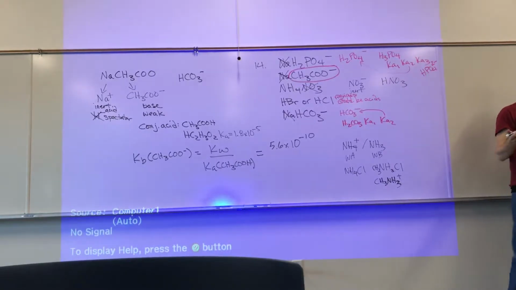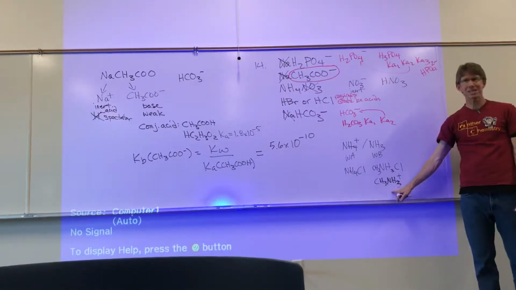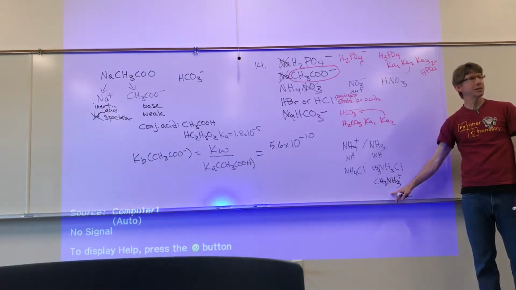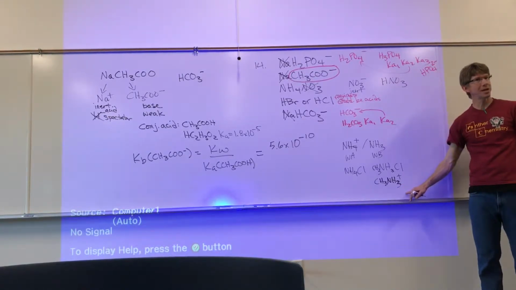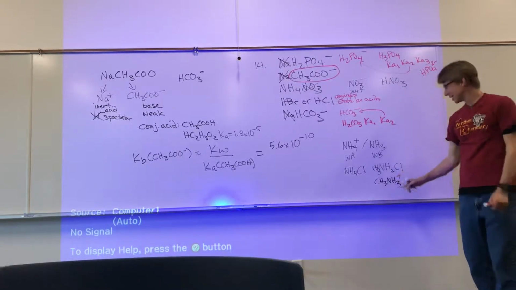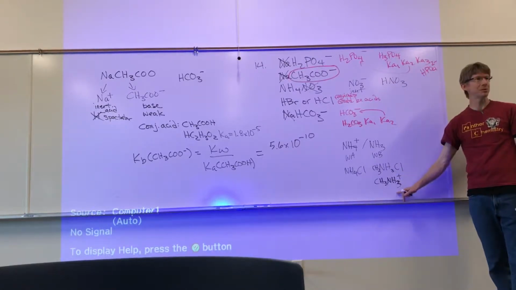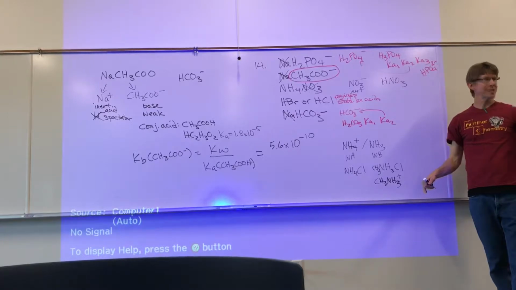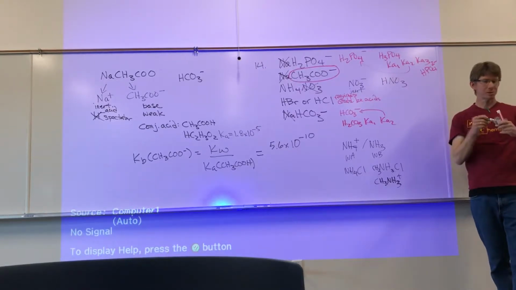And then your backup is once you create this thing, if this is going to be an acid, look on the Kb chart with one less H plus, and you should find the conjugate base. Therefore, you can figure out what it is. And you'll have to, because chances are, if this isn't part of the problem, you'll need to know the Kb value for its conjugate base. Does that answer your question, Kate? And more so, maybe? I don't know.